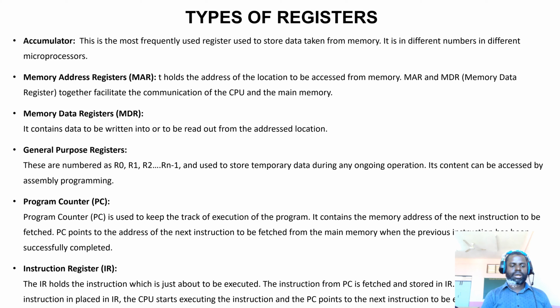Then the next register is the instruction register or IR. The instruction register holds the instruction which is just about to be executed. The instruction which is going to be executed is stored in the instruction register.